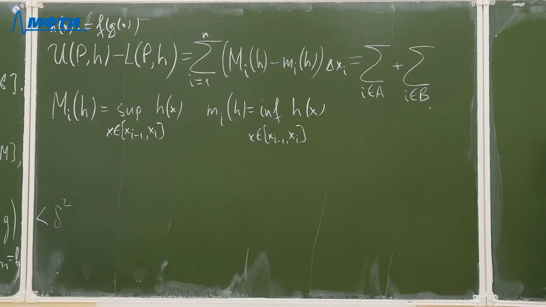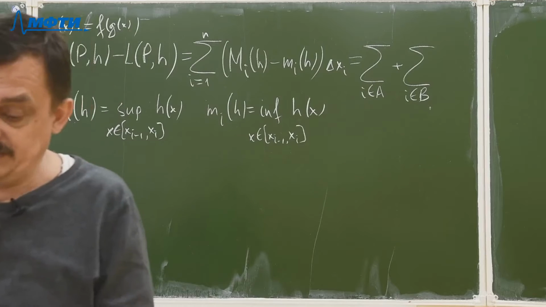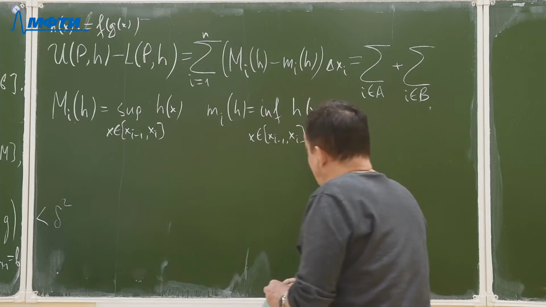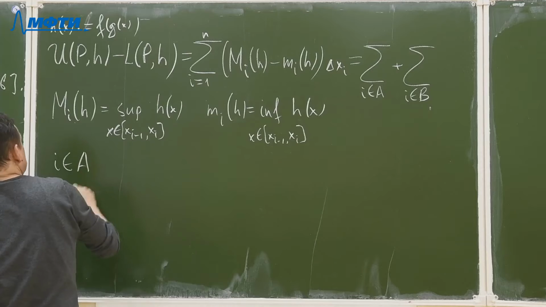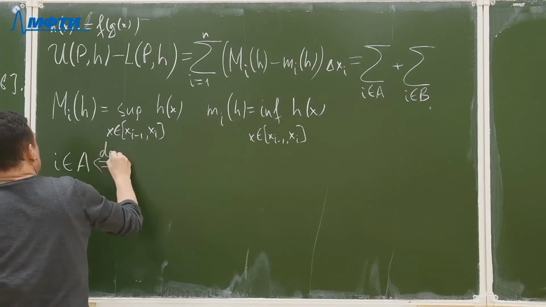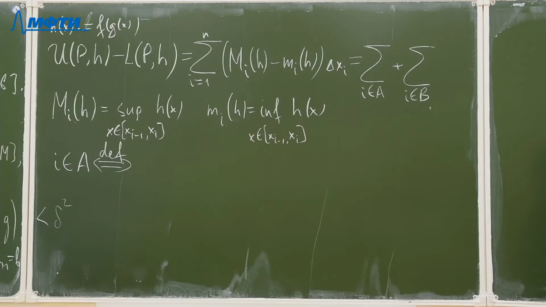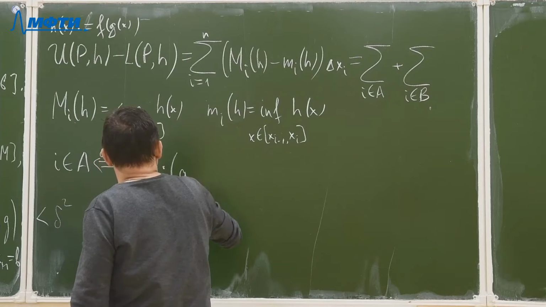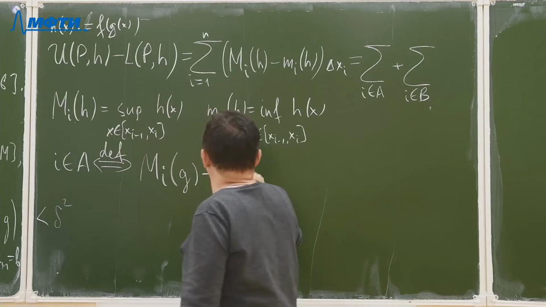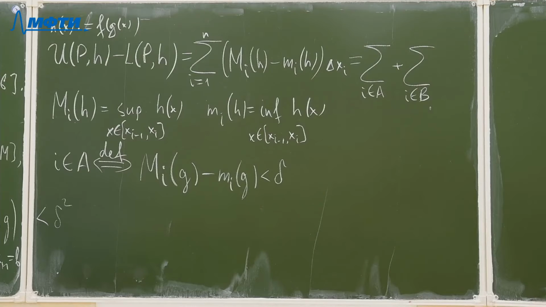So we introduce two sets of indices, capital A and capital B. By definition, an index i belongs to the set A if the difference between M_i of g and little m_i of g is less than delta. So that is the definition of the set of indices.